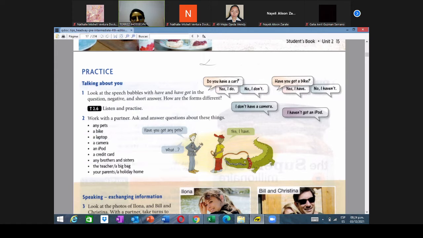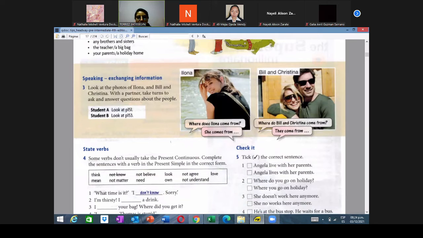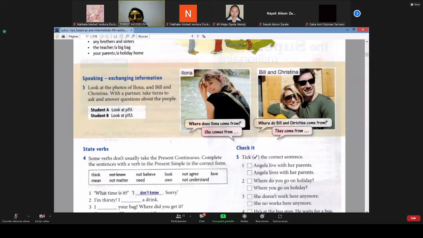Entonces les pido por favor de everybody with the next exercise, the next activity, exercise 3. Speaking, exchanging information. Please, exercise 3, look at a photo to ask and answer questions about the people. Let's look at the picture, right? We have here a photograph about Ilona on the left, and on the right, we have Bill and Christina.